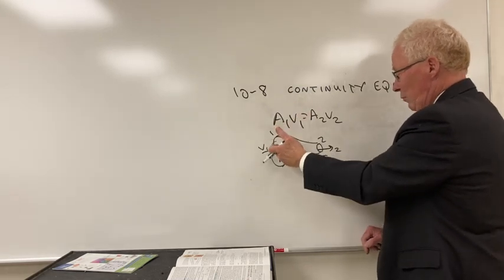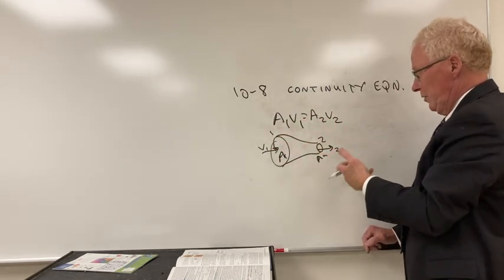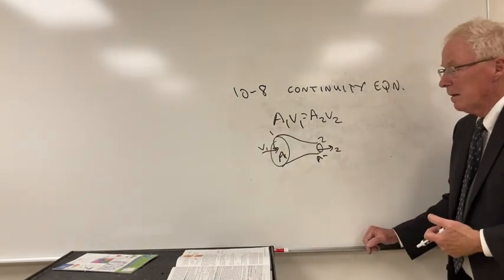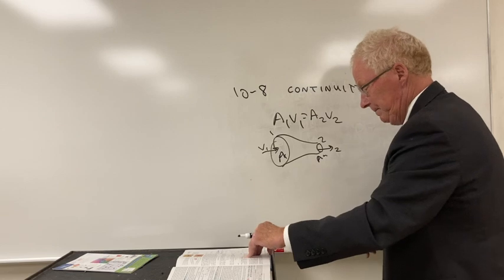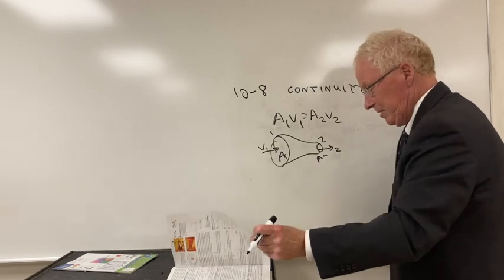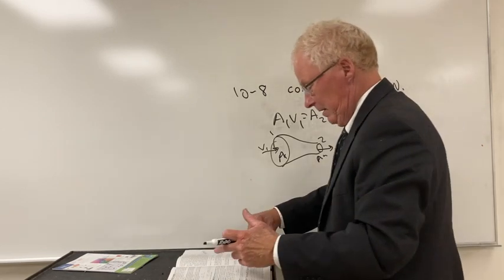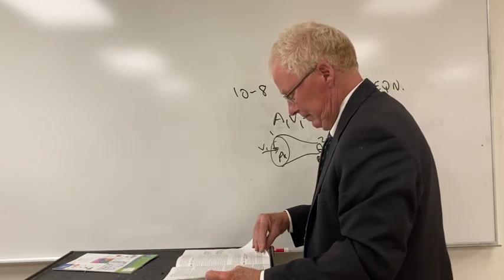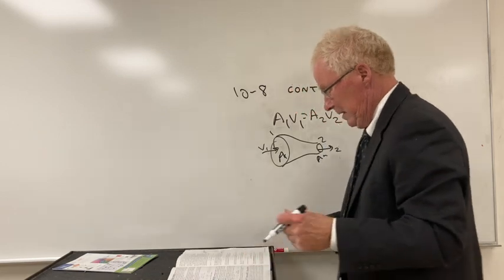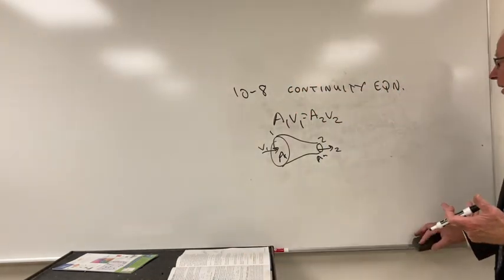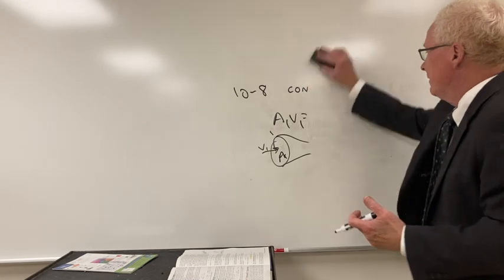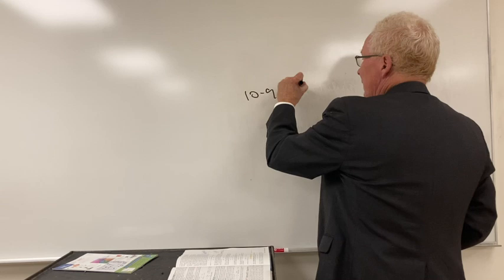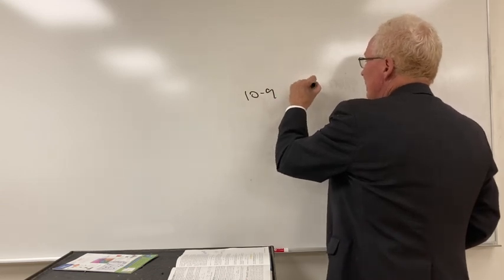The product of A1 times V1 equals A2 times V2. I went through that part there. All right, so that's the principle there. And then the last thing, I think the last section. Yeah. So that's section 10.8. The last section, 10.9, Bernoulli's Principle.